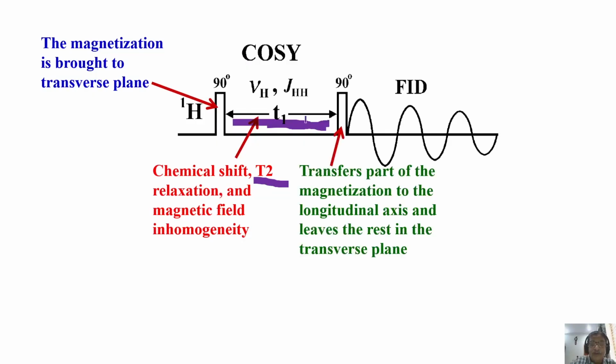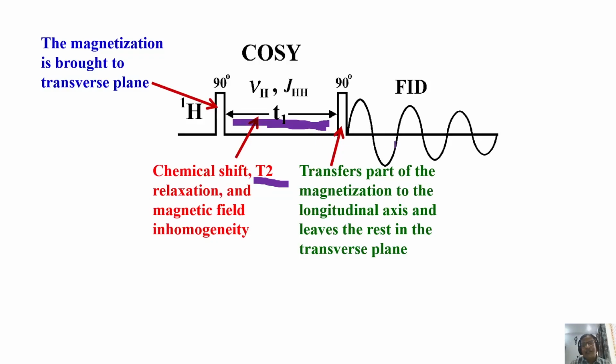Then what we do is we apply a second 90-degree pulse. What this does is it transfers part of this magnetization to the longitudinal axis, because it is already somewhere in the transverse plane. Part of it is transferred to the longitudinal axis and part of it will be left in the transverse plane. That's what it does.